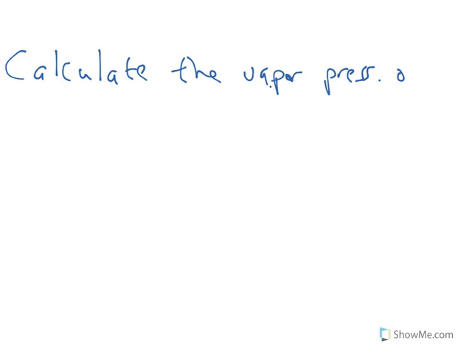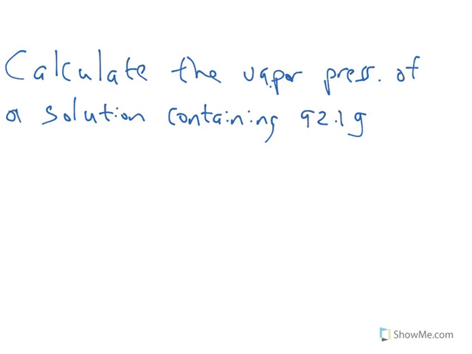So let's calculate the vapor pressure of a solution containing 92.1 grams of glycerin, and it has a formula weight equal to 92.1.